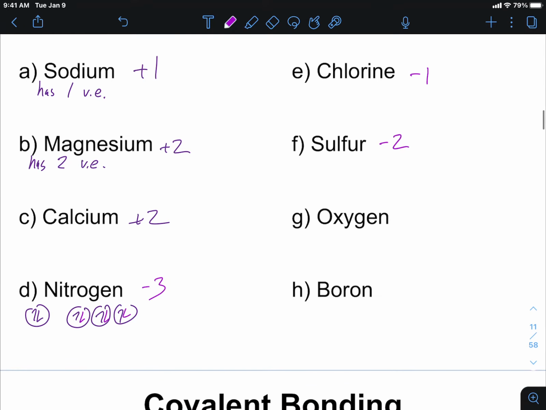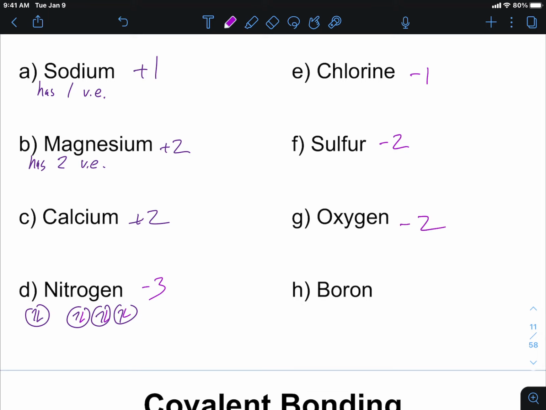Do the next two on your own. See if we can come up with what the charge would be. So what do we have for oxygen? -2 also.